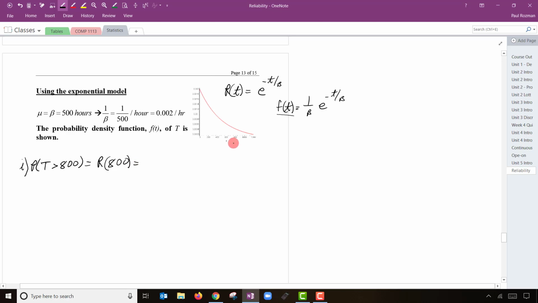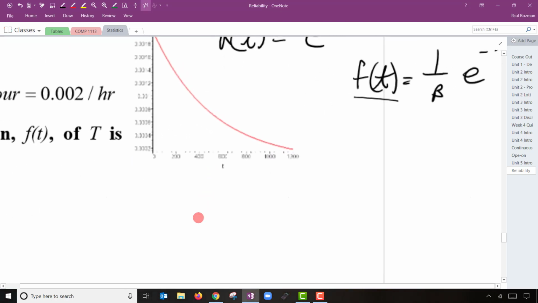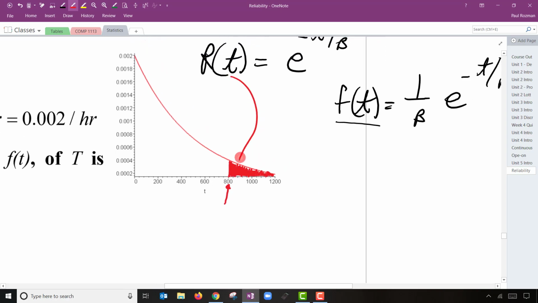Let me zoom in on that. We're looking at where t is 800, and we're finding the area underneath that curve above 800. So that's what this R of t is. It's the area.